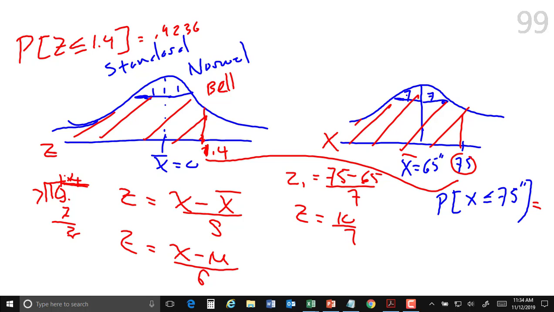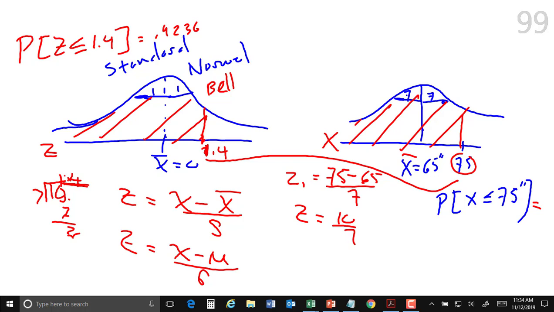Now, he asked a question about this, and we will be addressing it when we talk about approximation to the binomial. It turns out that under certain conditions, a binomial can be calculated under the assumption of a continuous bell curve. If the sample size is big enough and some other conditions hold, it's easier to use the bell curve as an approximation to the binomial, right?